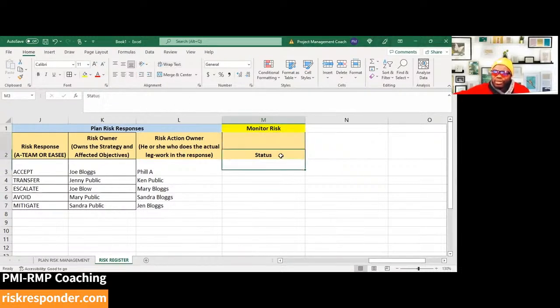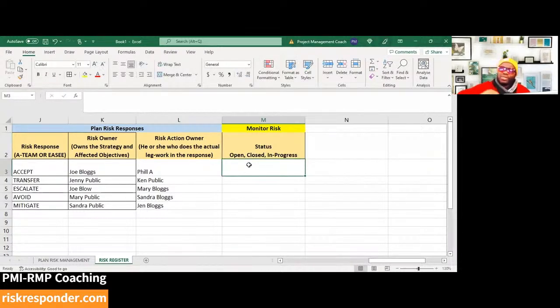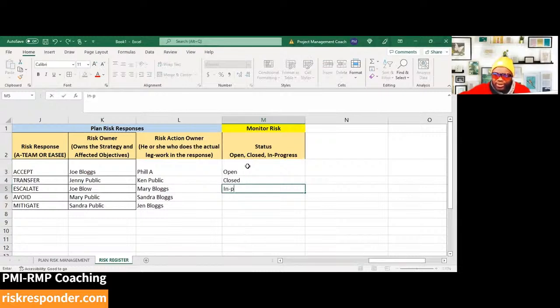So this is where you will have some categories such as open, closed, in progress, and it really depends on your company's configuration. Open means this risk could still happen. Closed means it can't happen, or it has happened and has passed. In progress could mean it's happening right now. It really depends. So we could have open, closed, in progress, and so on and so forth.